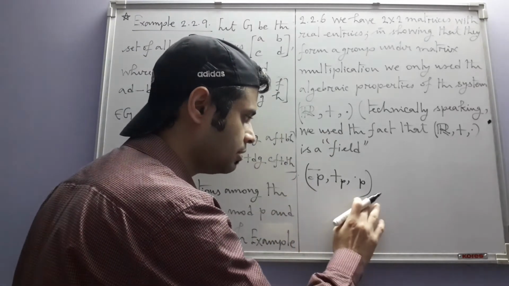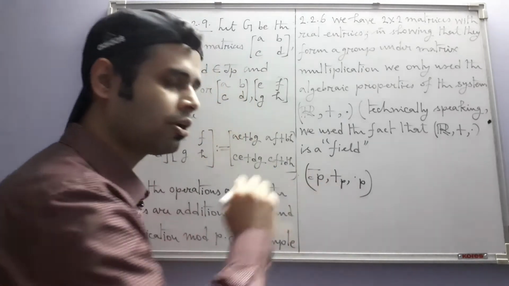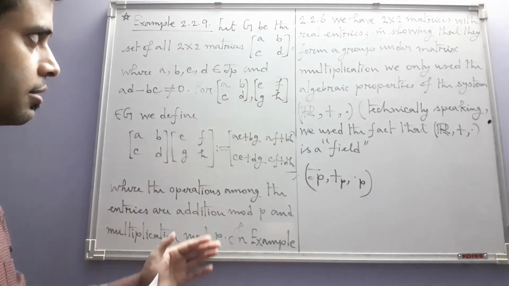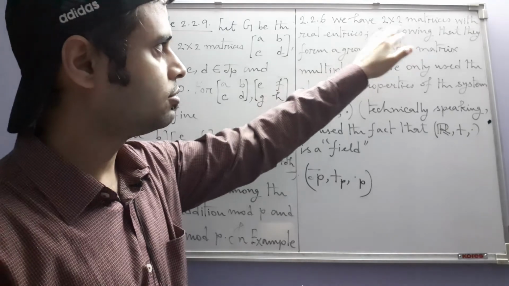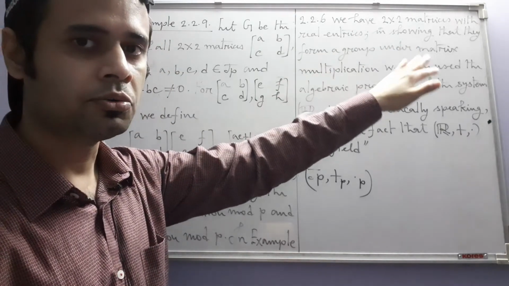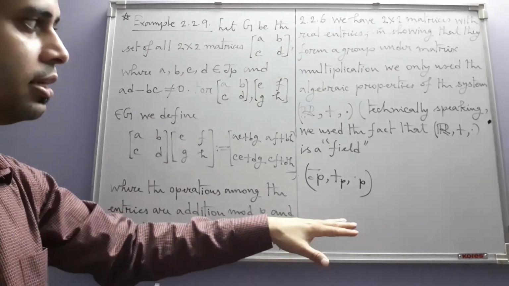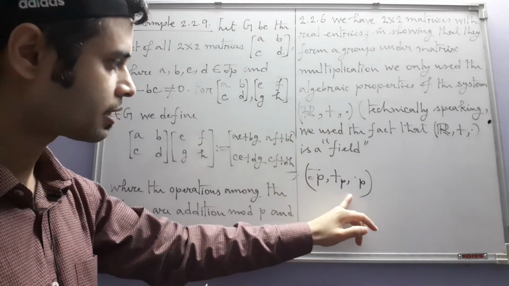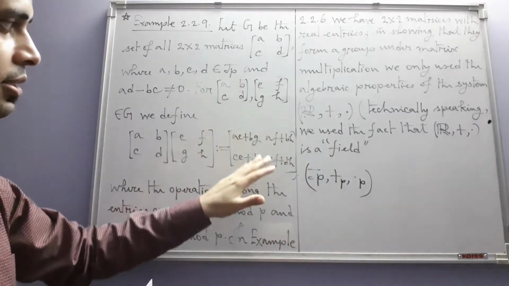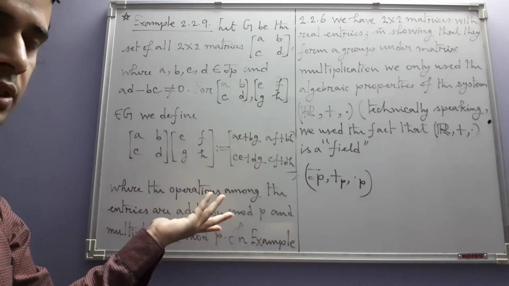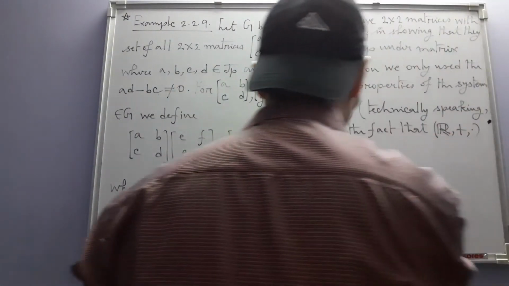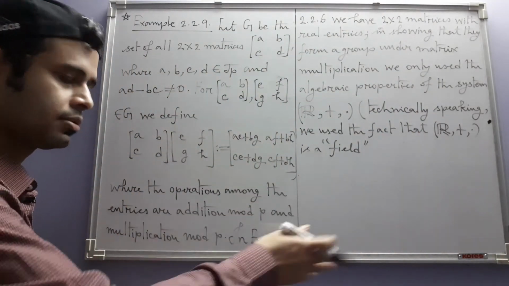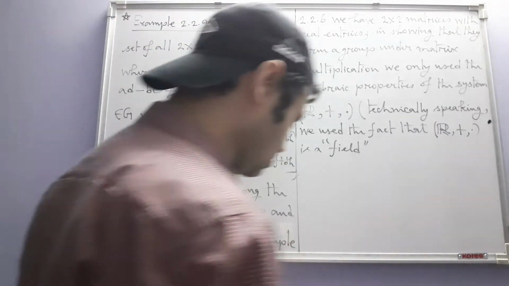Similar facts are true in here also, and this is also an example of a field. In short, the proof that 2 by 2 real matrices form a group under matrix multiplication only depends on the fact that the entries are coming from a field. Here also they are coming from a field. So here also the matrices will form a group under matrix multiplication.